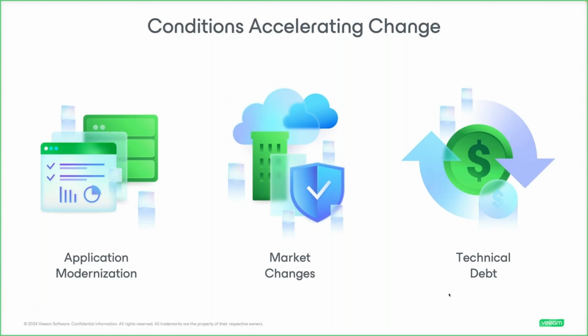Then we've got some market changes going on, right? Particularly with vendors that you standardize on right now. Maybe their direction does or doesn't align with the values that you have within your organization or what you would like out of your data, your infrastructure. And that is kind of forcing your hand to look at alternatives or maybe just accelerate the move to alternatives if it were already planned. And then finally is the technical debt, right?